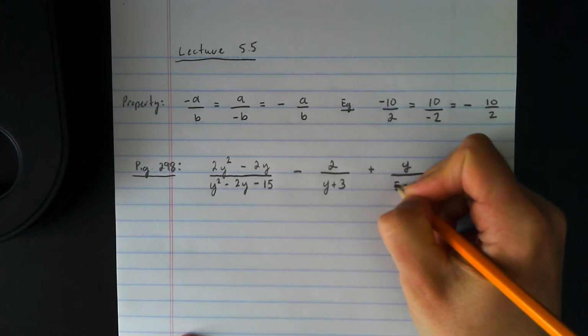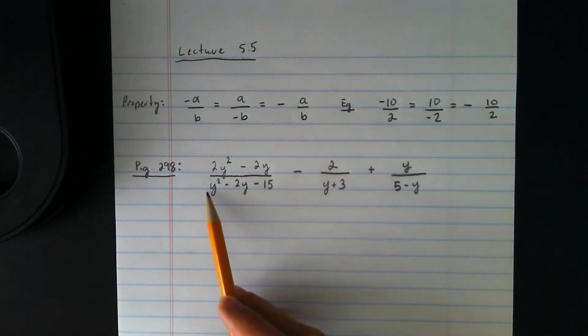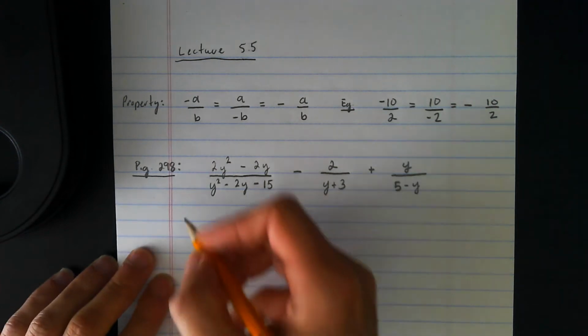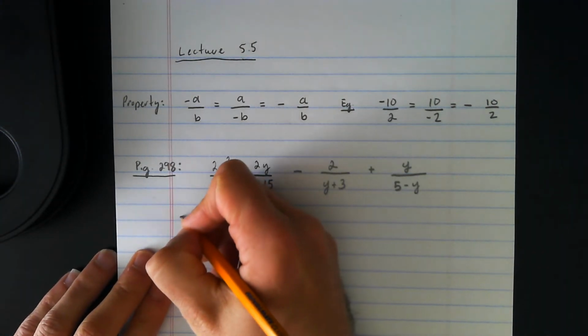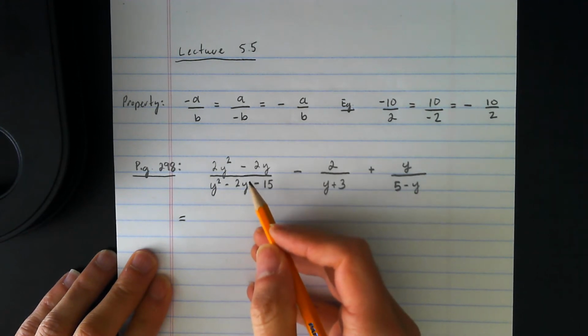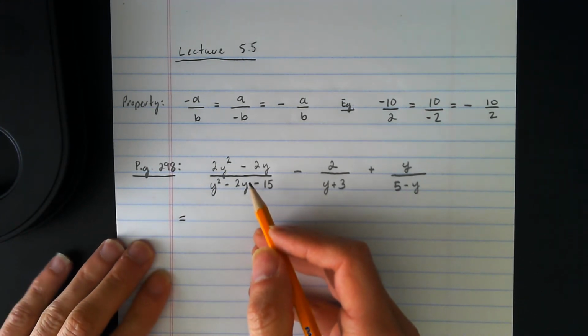Okay, so the first thing we want to do here is factor the denominators. Maybe just take it on faith that this factors as y minus 5 times y plus 3. If you need to do the decomposition on this, it's a trinomial. Please do that at home to make sure you're sharp with your factoring.